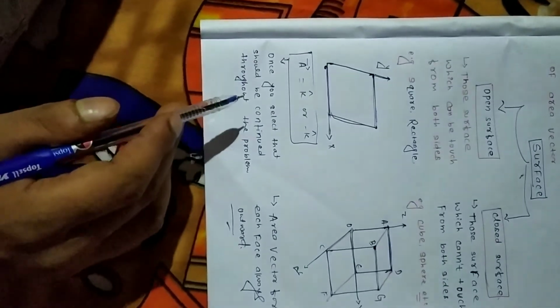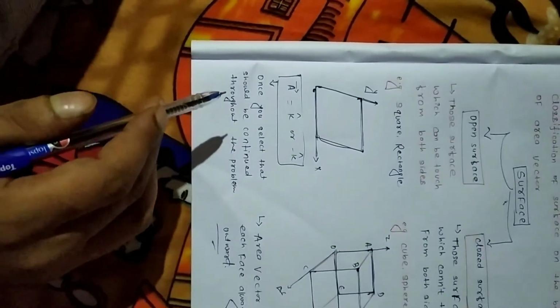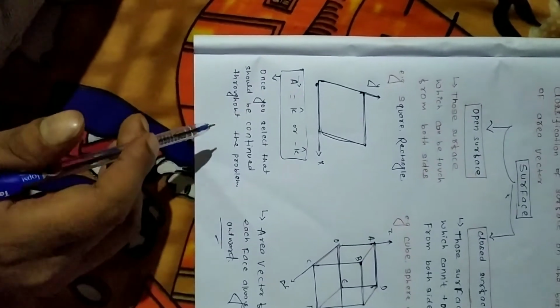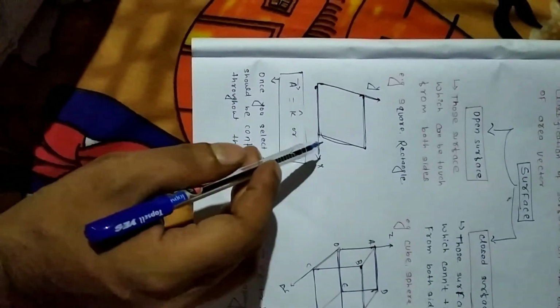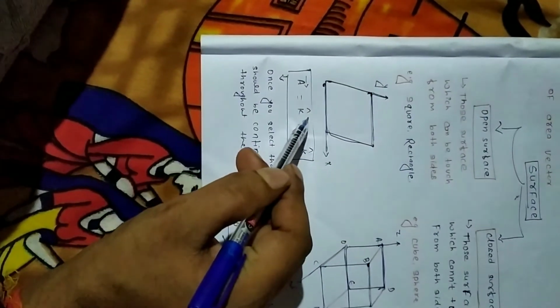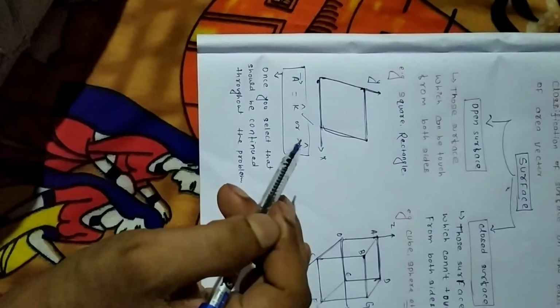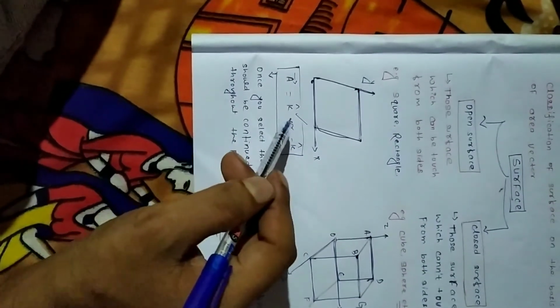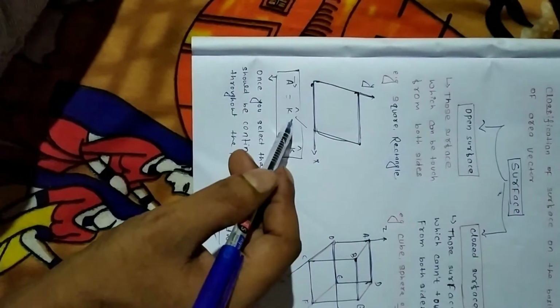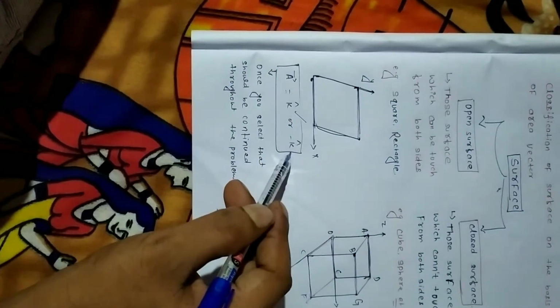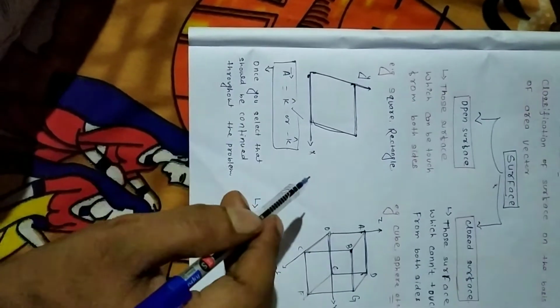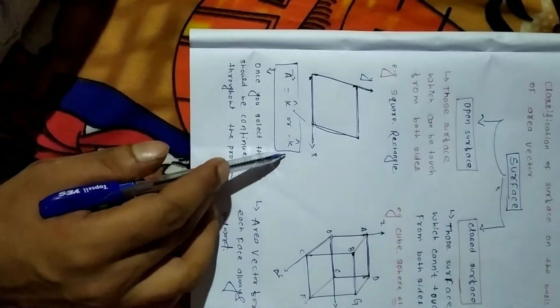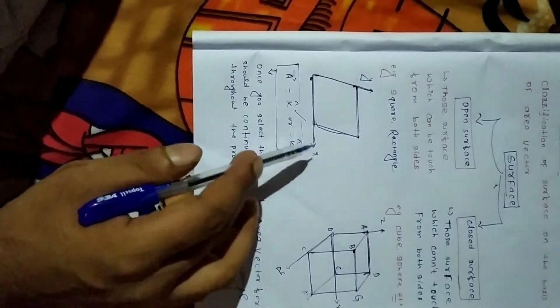But you have to keep one point in your mind. Suppose you have selected positive k cap. It means throughout the problem you have to maintain this one only. According to your convenience, you cannot select sometimes k cap, sometimes minus k cap. No. You have a choice, select either k or minus k, but throughout the problem you have to stick to it.